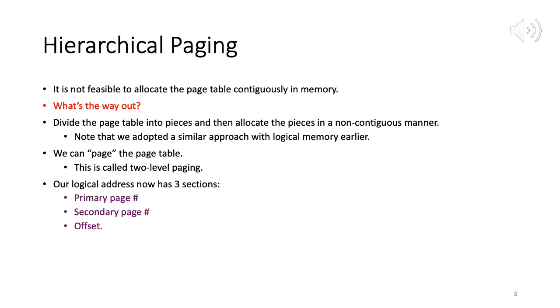This can quickly run into an issue because your physical memory is a precious resource. So the way out is, since we may not be able to get contiguous space for storing the page table, we page the page table, which means we divide the page table into chunks, into parts, and then we allow for non-contiguous storing of the page table chunks or parts.